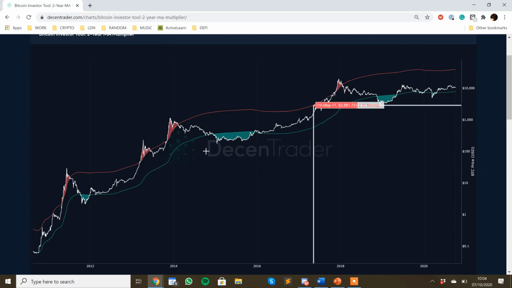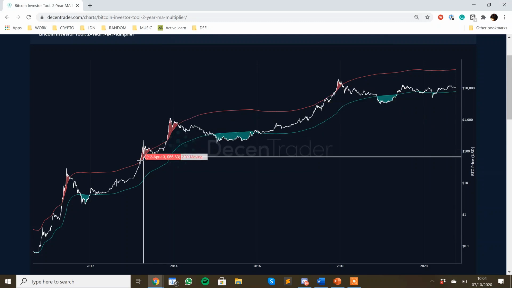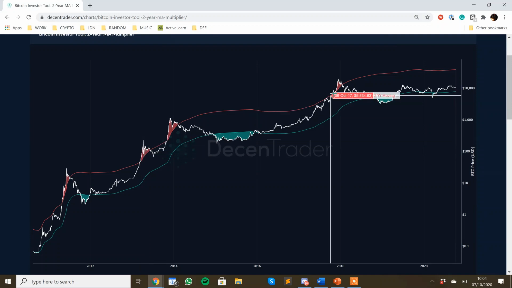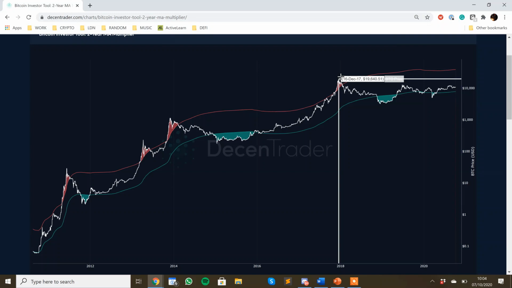And it's not until the blow off top stage, where price is starting to go parabolic, as you can see here, that price then breaches the boundary of the 2-year moving average ×5 multiple and goes parabolic before then crashing back down.